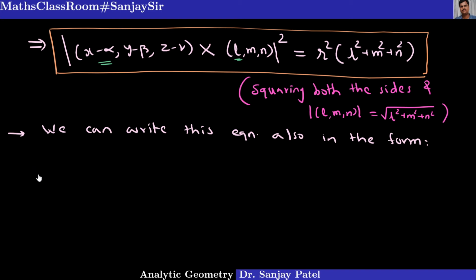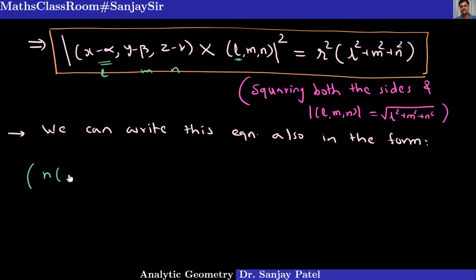So what I will get, I am writing directly, or let me explain a few things. Let me write this as equal to the first coordinate square. Let me write L, M, and N over here. So hiding this, we can take the determinant of y minus beta, z minus gamma, m and n.